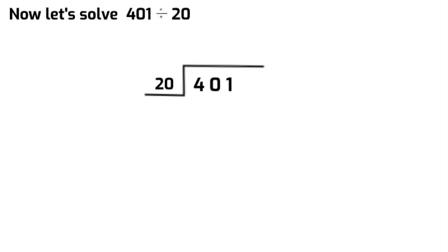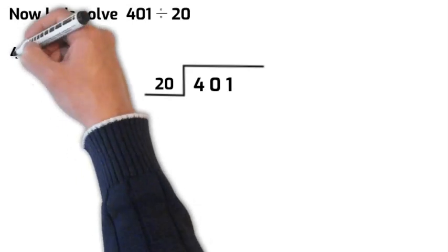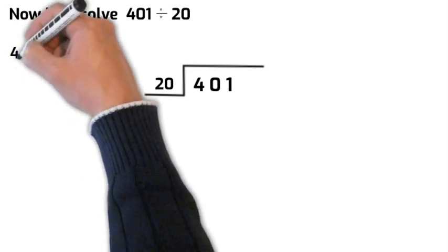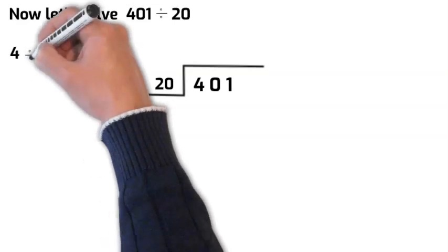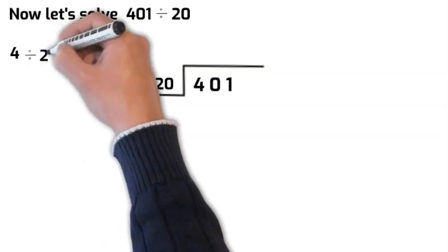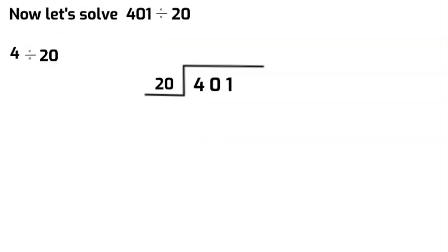Next, we divide the first digit of our dividend. In this case, we divide 4 by 20. 4 divided by 20 isn't possible.